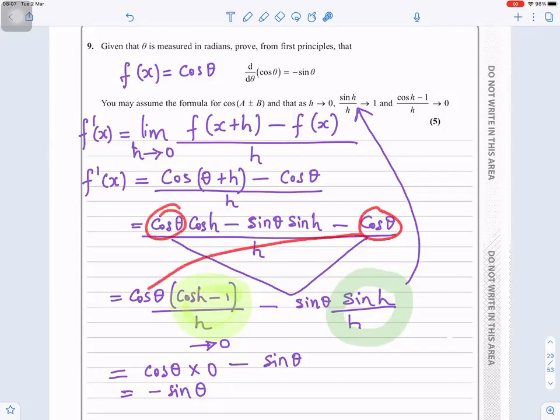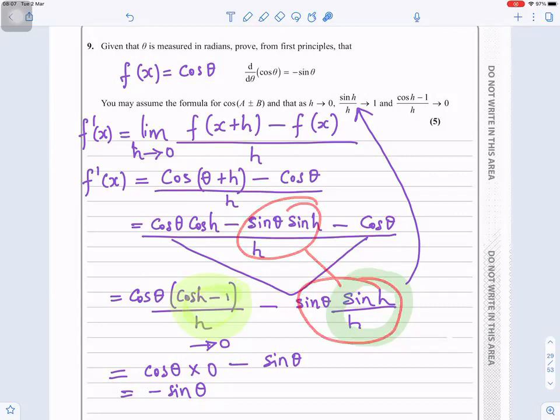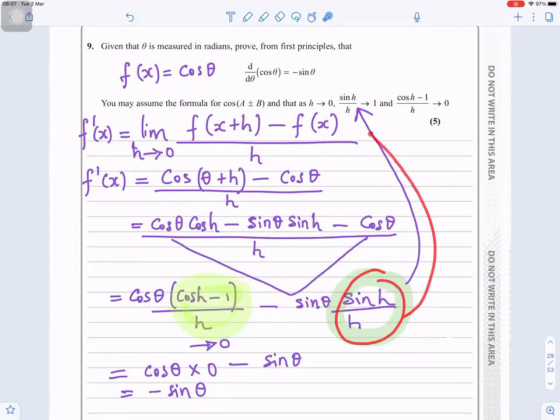It comes out of the bracket. We have cos h minus 1 there divided by h. Minus, we can have sine theta sine h divided by h. But we are told that sine h over h tends to 1.